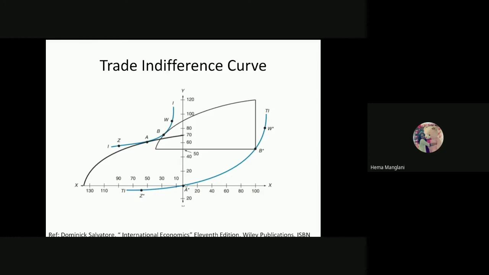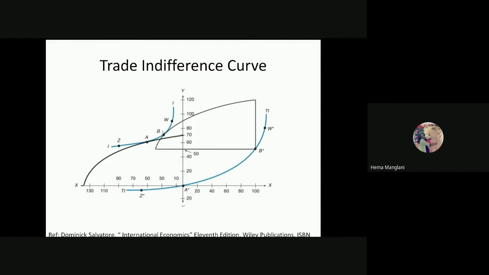So from community indifference curve, if we are choosing other points, okay, like W, like B, and like Z, from all these points we can derive this B star point, where hypothetical production possibility curve we can make, okay, where we are following this tangency. But actually we don't have.